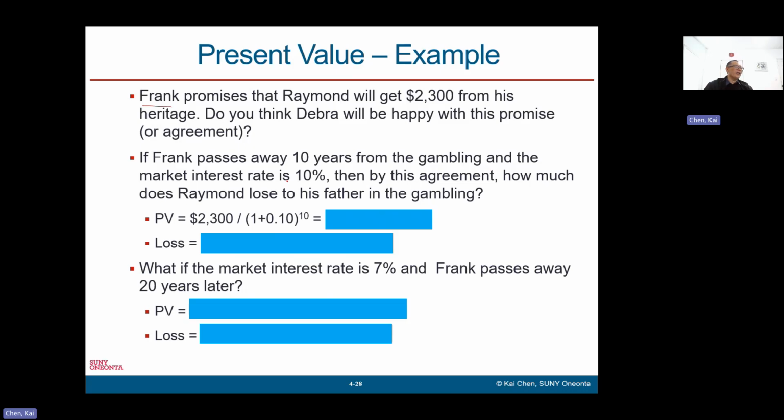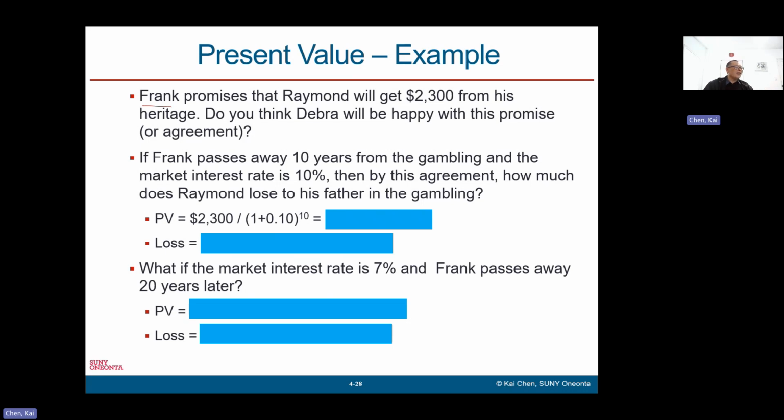Now, under this background, suppose Frank passes away 10 years from the gambling, and the market interest rate is 10%. By Frank's promise, how much does Raymond lose to his father in the gambling? Suppose 10 years from now, Raymond can receive $2,300 when his father passes away.